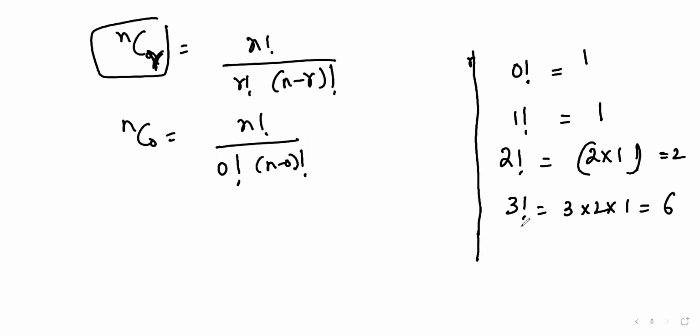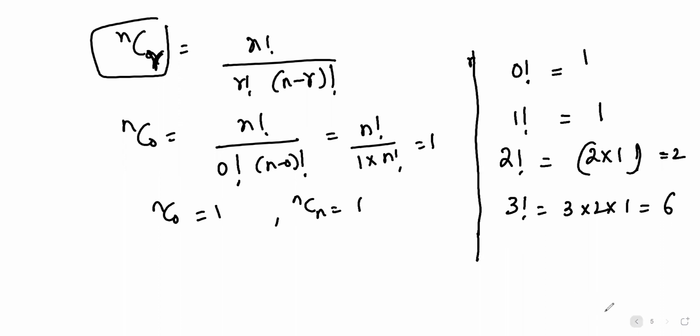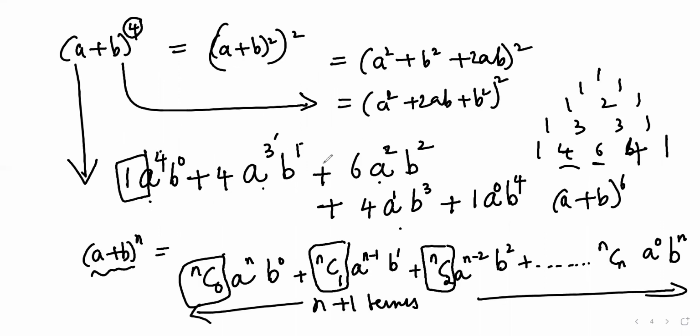So by the definition, nC0 becomes n factorial by 0 factorial, which is 1, and n minus 0 is n factorial. So nC0 is 1. That explains why you have 1 here and 1 here, the last two values.